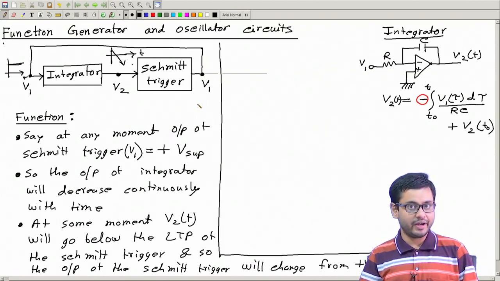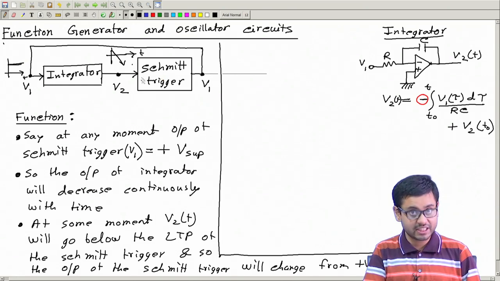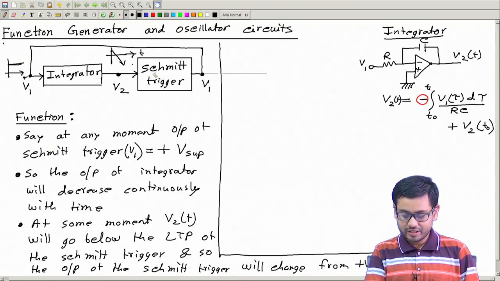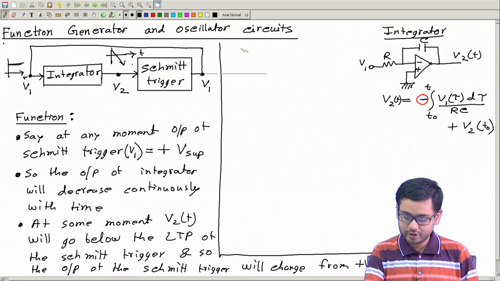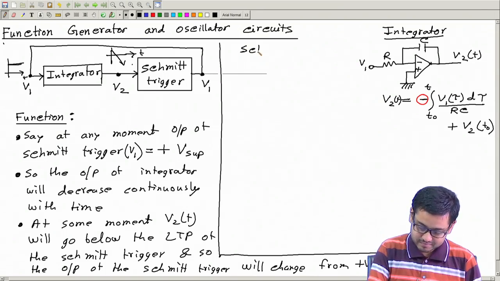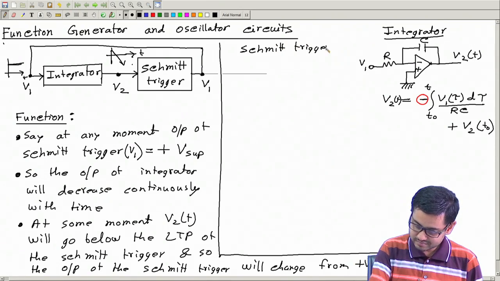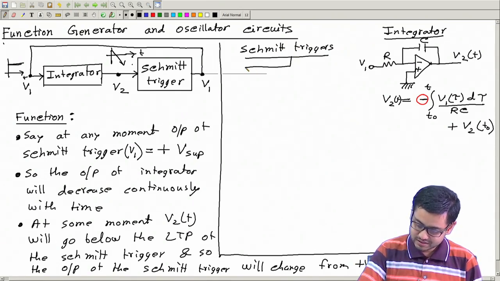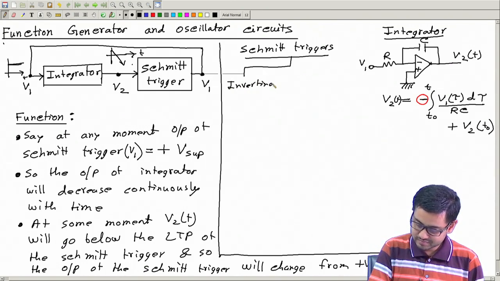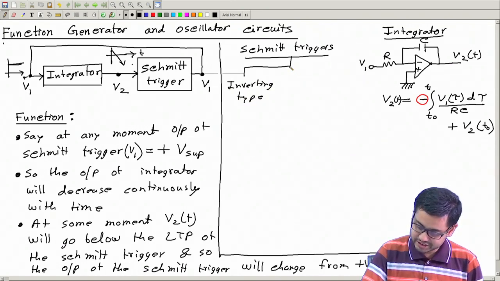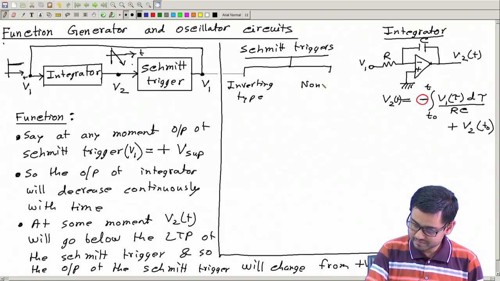Can you recognize which type of Smith trigger we need? Because Smith triggers, you know, we have two types. One is inverting type, another is non-inverting type.